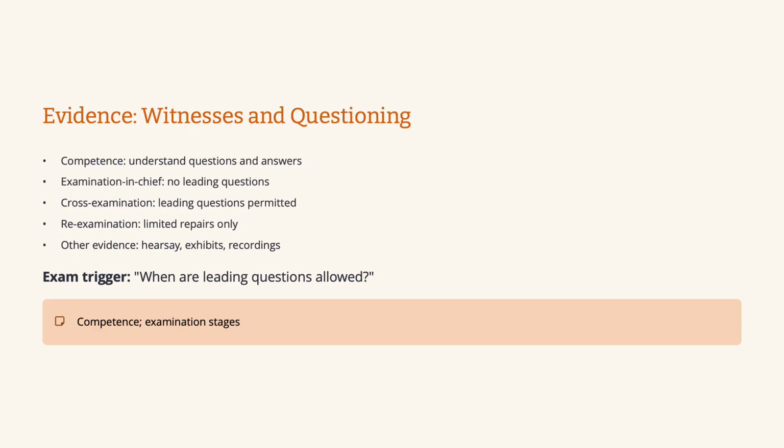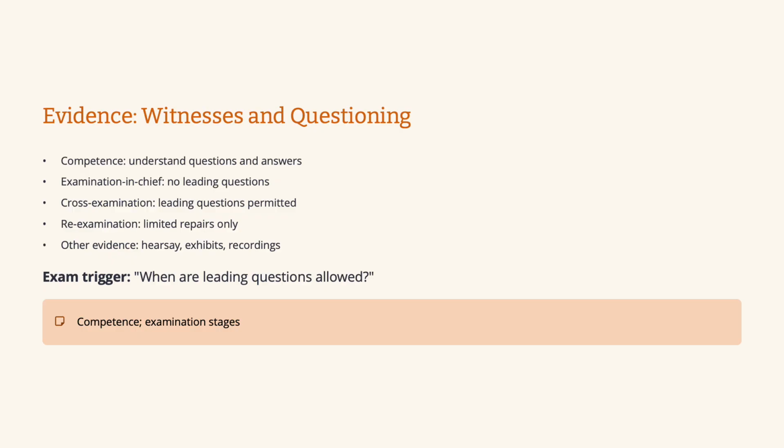So evidence, witnesses, and questioning. First, competence. Witnesses must understand the questions put to them and be able to give comprehensible answers. Most adults are competent, but children are vulnerable witnesses, and that requires special assessment.